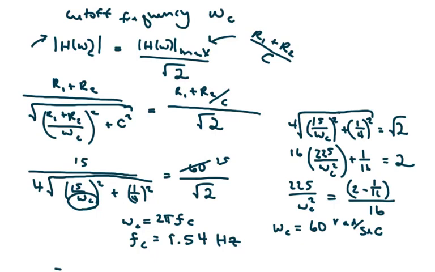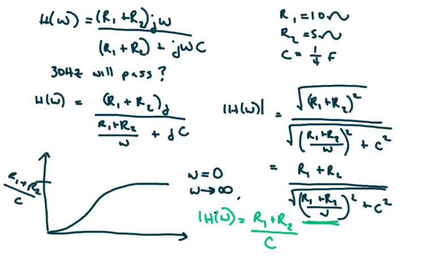Now again, going back to our graph, we're looking at this kind of behavior, and we're saying that for an ideal filter, the cutoff frequency is going to be that 9.54 hertz. So what we know is that 30 hertz will pass because it is greater than that 9.54 hertz cutoff frequency.